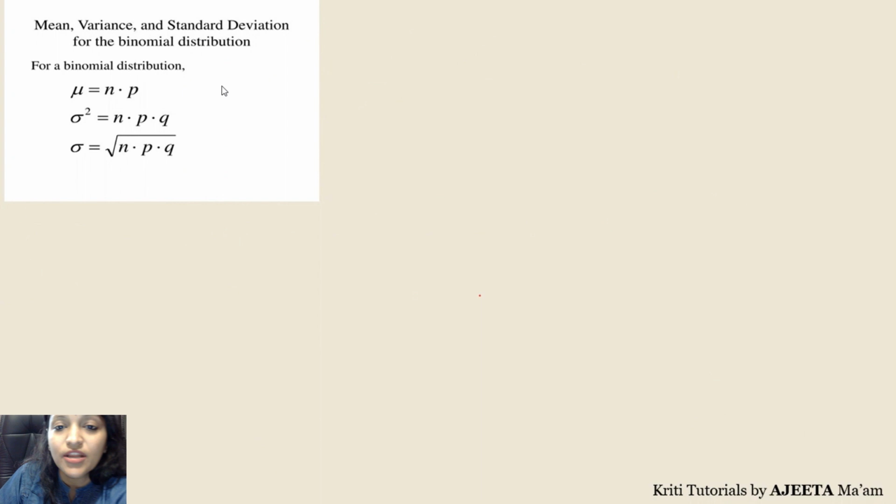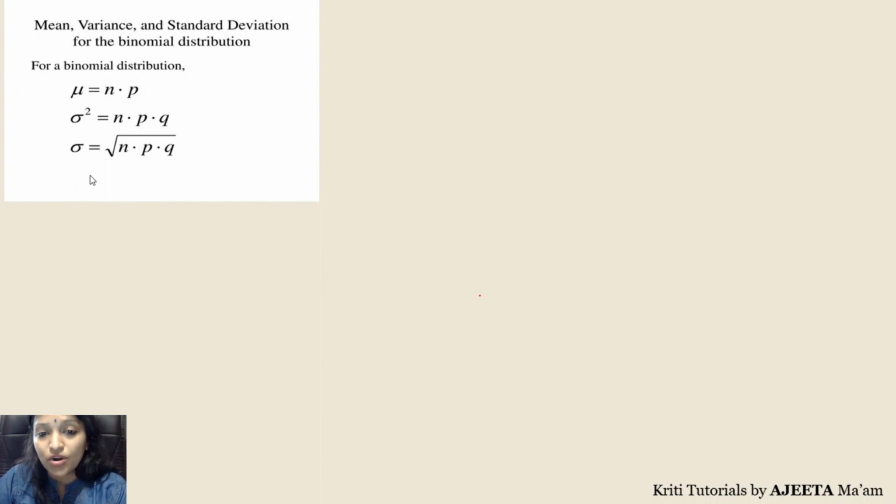Now for mean and variance, the simple formulas we already discussed in the previous lecture also. Mean mu is n into p, variance is n into p into q, and standard deviation is the square root of npq. This is very important for MCQs, for competency based questions and for subjective questions as well.